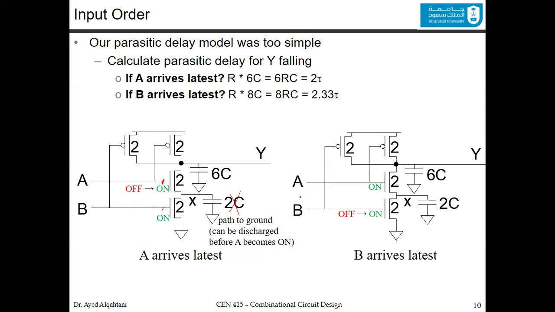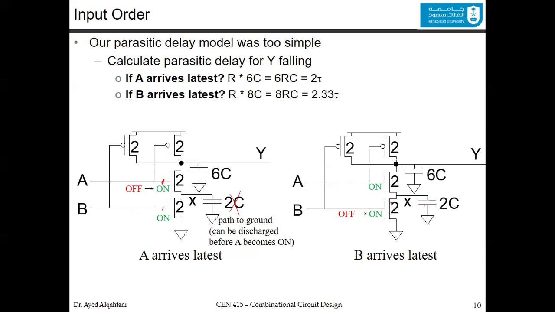Now, if it's the other way around, if B arrived the latest, so A was on before B, both capacitances won't be discharged yet because this link is closed. It's not connected to the ground. And because of this, you had to wait until A becomes on.